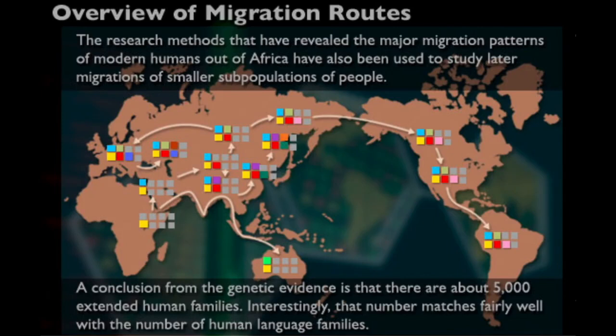Interestingly, that 5,000 coincides fairly well with the number of human language families. That's why I love the study of language, especially the Bol people, the Com people. Not just the study, but how language evolved.